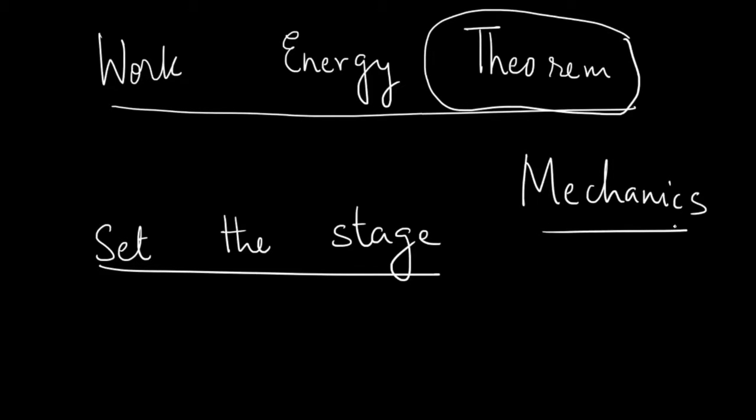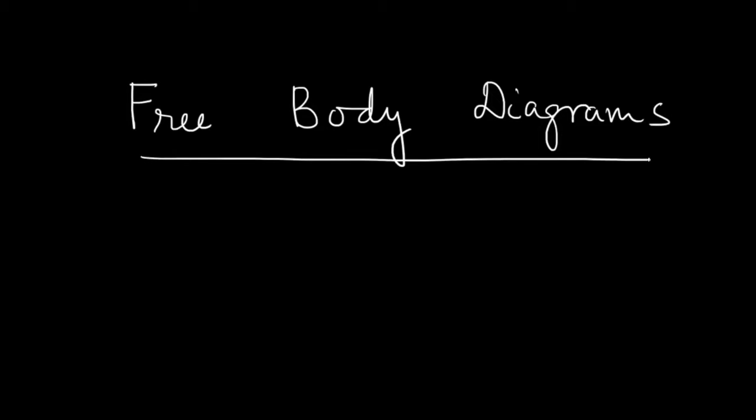Alright, so in all of mechanics, the story always starts with what is known as a free body diagram. And I think over a period of the last 2 years, we are pretty comfortable with this. I just want to mention this because we're going to draw a lot of free body diagrams as we go along. So what do we know? Just remember that we are doing a very simplified analysis over the last 2 years and also in this year.